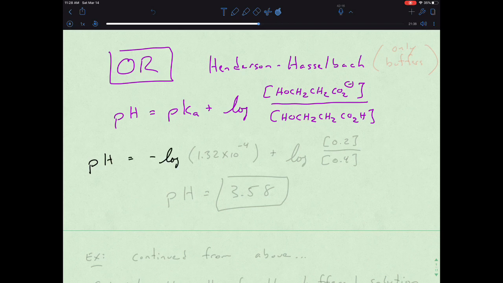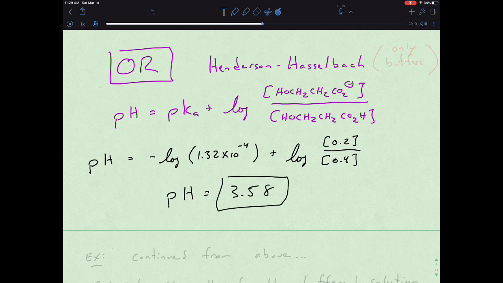pKa would be the negative logarithm of the Ka, 1.32 times 10 to the negative fourth. Plus then we take the log of the ratio of the conjugate over the parent, or the ratio of the 0.2 molar over the 0.4 molar. And when we put that together, we actually get a pH which should be and is exactly the same as what we got using the Ka method and the ice table method.